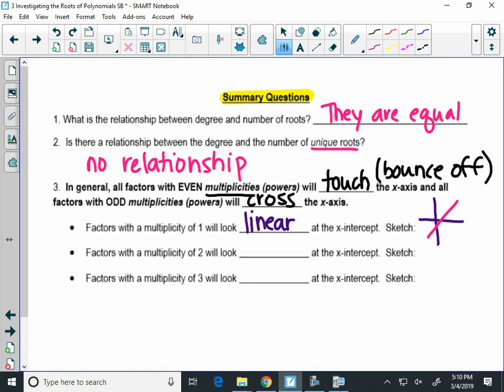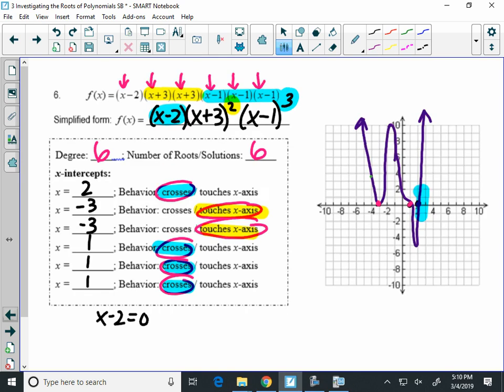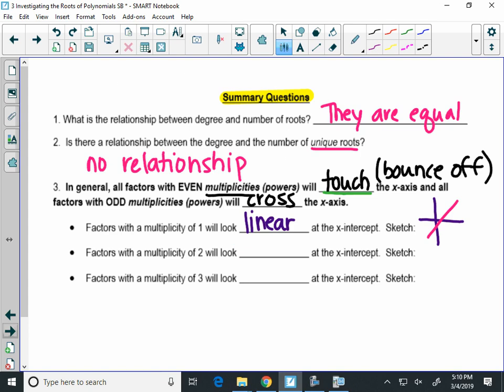Now factors with a multiplicity of 2, the ones that touch or bounce off the axis here, like this one, those are going to look quadratic at the x-axis. And a sketch of that would be that they just come down and touch and bounce back off like a parabola would.